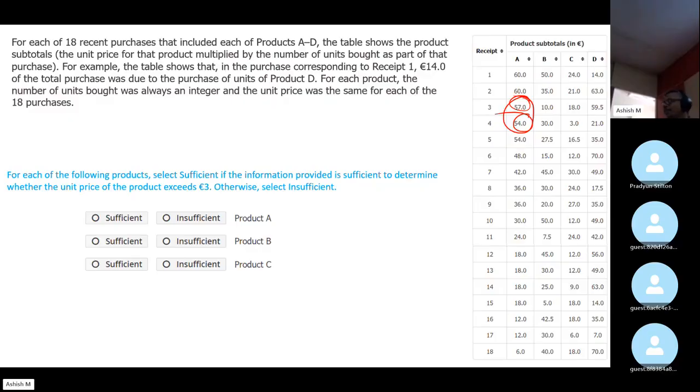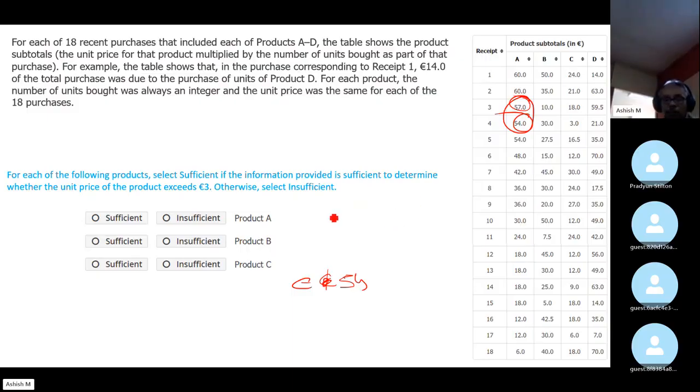If unit price exceeded 3 euros, we cannot have 54 and 57 as the entries, right? See, if I buy 54 euros, sorry, not cents, euros worth of product A, and you buy one more unit of product A, correct?